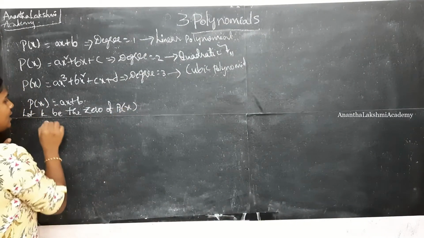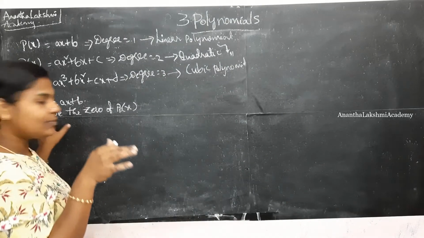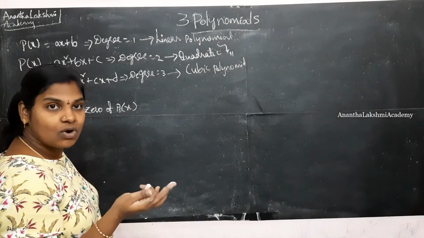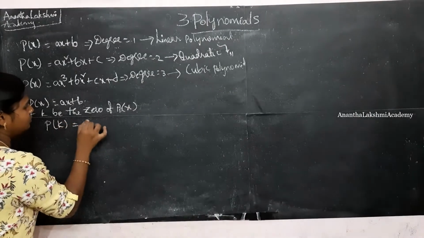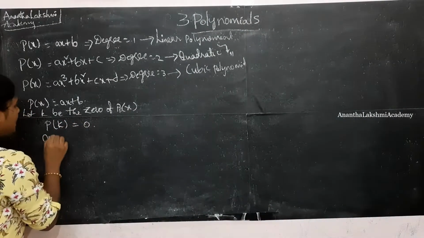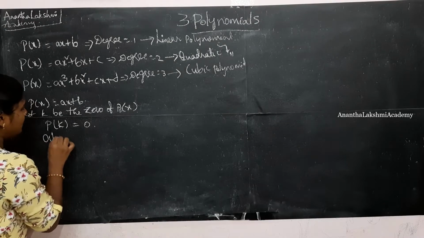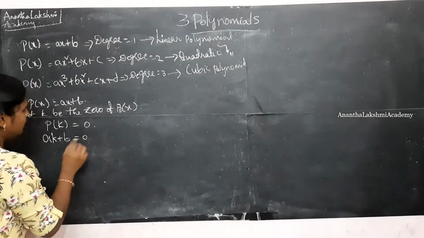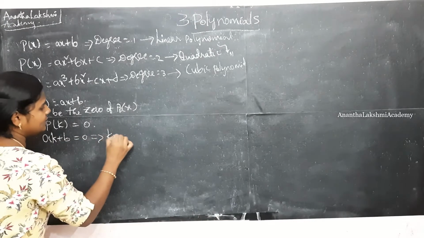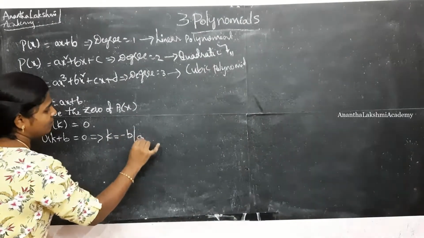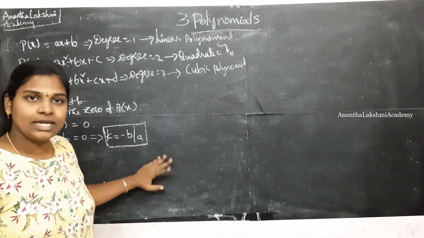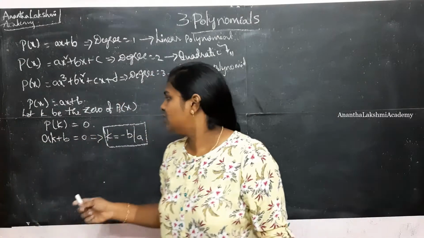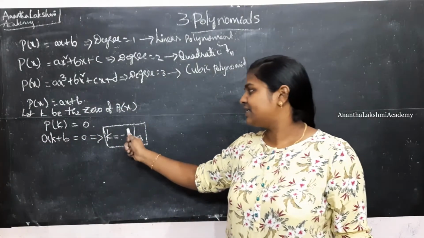What does that mean? When you call some term a zero of a polynomial, then p of that term becomes 0. That is, a k plus b is equal to 0. Then what does k become? k is equal to minus b by a. For a linear polynomial, the zero is in the form of minus b by a.